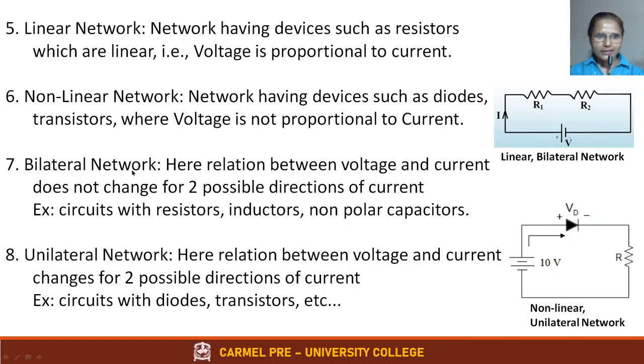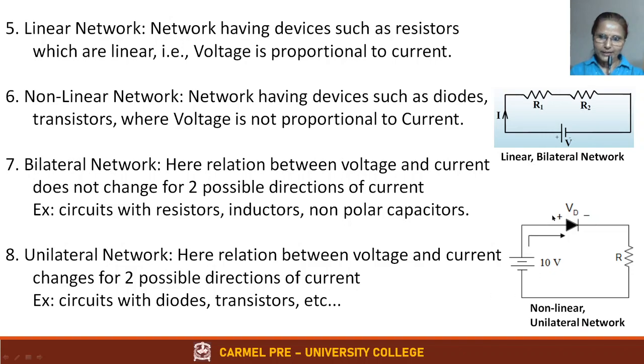Next, bilateral network. Here, the relation between voltage and current does not change for the two possible directions of current. Means if the current is flowing in this direction or this direction, values will not change. It remains the same. Such circuits are called bilateral circuits or networks. In a unilateral network, the relation between voltage and current changes for different directions.